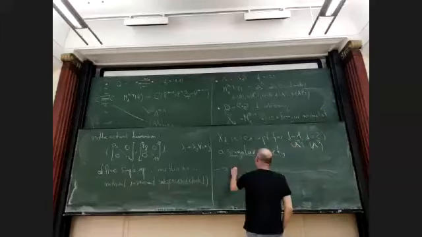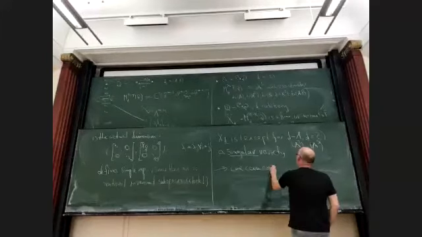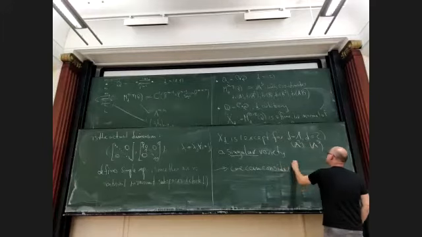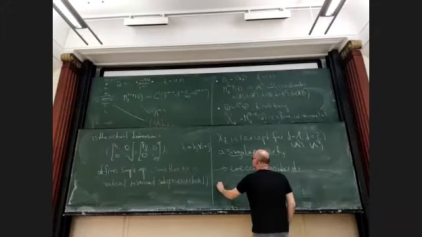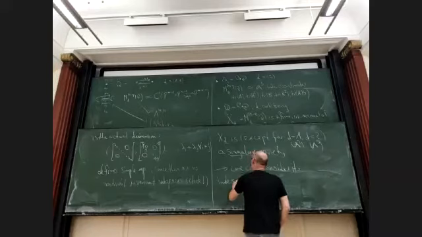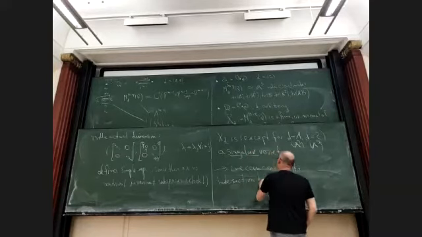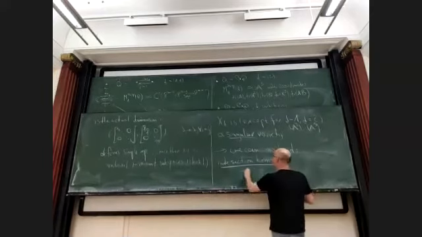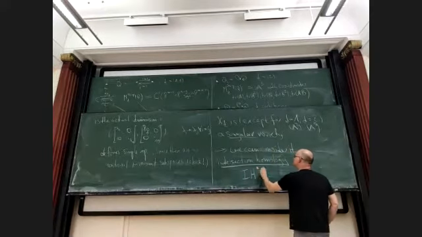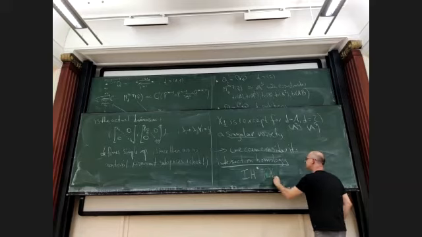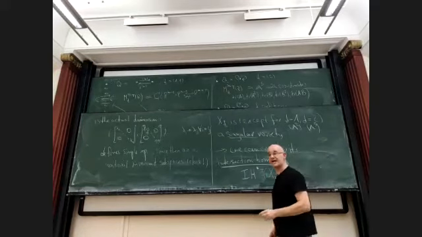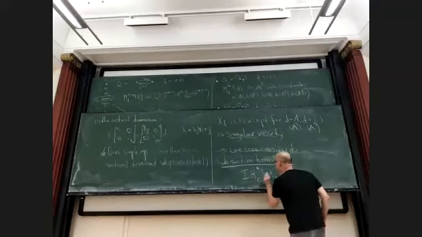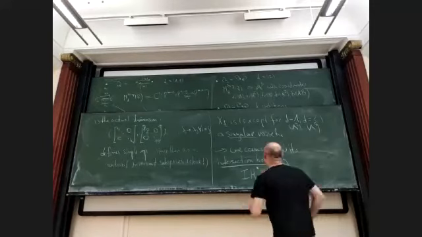We can consider its intersection homology IH of XD, and a technical detail: because this is not a projective variety but an affine one, I want to consider compactly supported intersection homology.